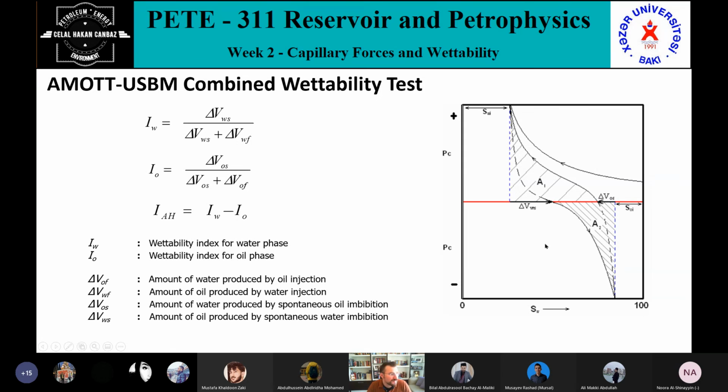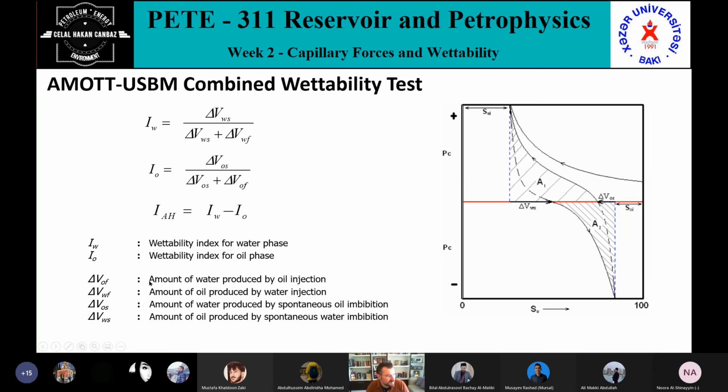You use the parameters like the Amott method, the volume change, but you start from 100% water saturation, like USBM. So this is a kind of combination of Amott and USBM.